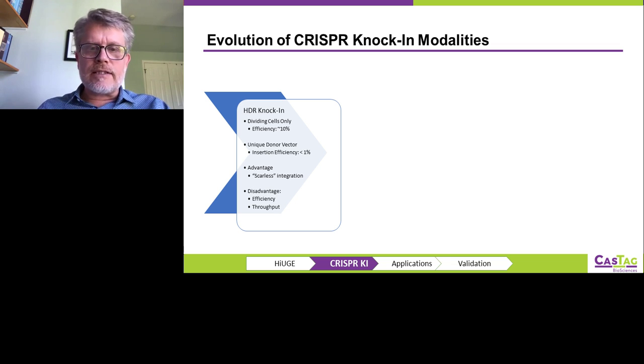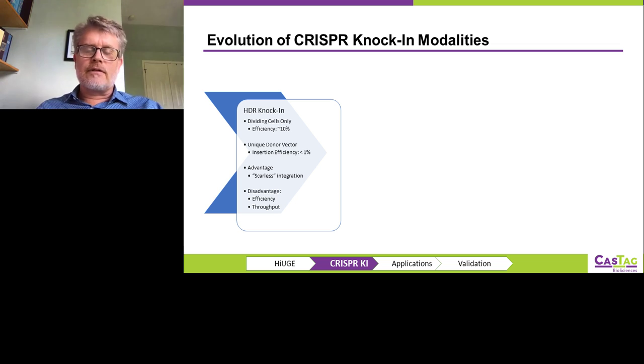More recently, researchers have begun to realize that non-homologous end joining can also be used for very efficient knock-in using CRISPR-Cas9 technology. And this is actually the repair pathway that homology-independent universal genome engineering, or HiUGE, utilizes. The advantage of this is that because there are no homology arms, the insertion efficiency is relatively high, anywhere from 20 to 30%.